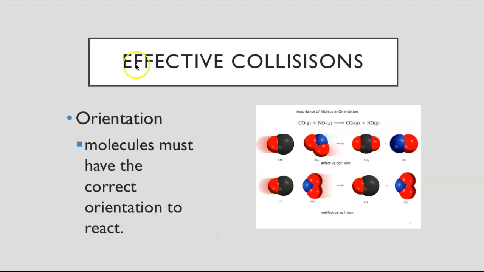If we look at that reaction, and if you remember what I wrote down earlier, we said that in order for this reaction to take place, there was a new bond that needed to form between carbon and one of the oxygens from NO2.